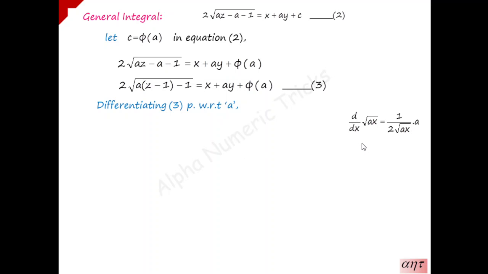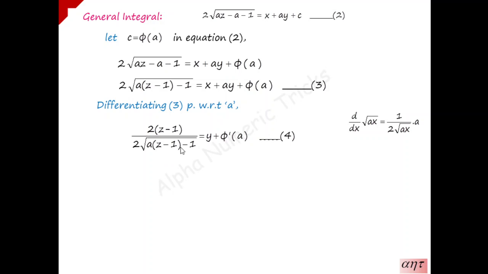Then here we have to use the differentiation d by dx of root ax. What is d by dx of root ax? It is 1 by 2 root ax into a, because a is there, so you have to write like this. This formula is applied here. So 2 into root of a into z minus 1 minus 1 into this.